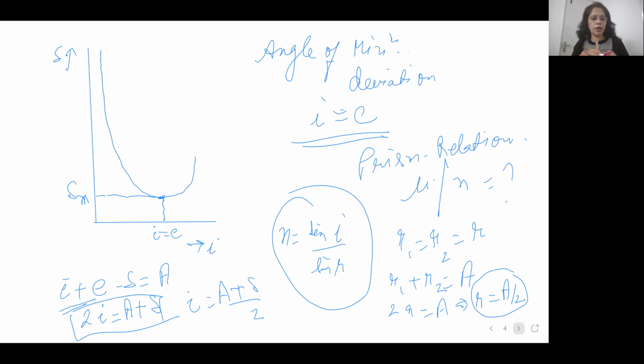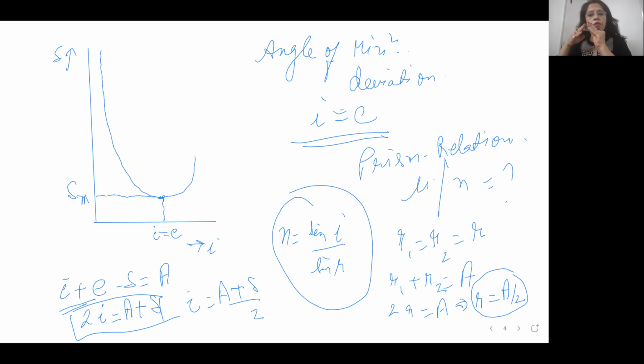Okay, now children, I hope it's very much clear to you. This was very easy also. I hope there is no problem here. Now, as in every class, I am concluding it. This was the prism, these were the two refracting surfaces, this was your angular prism.